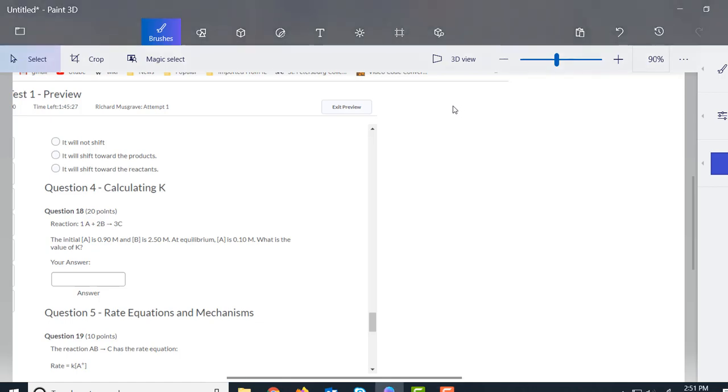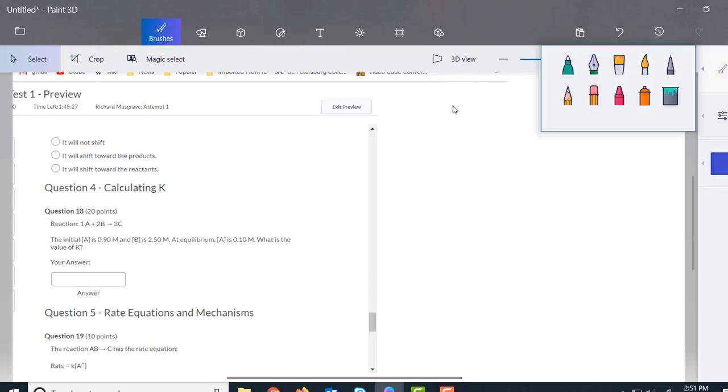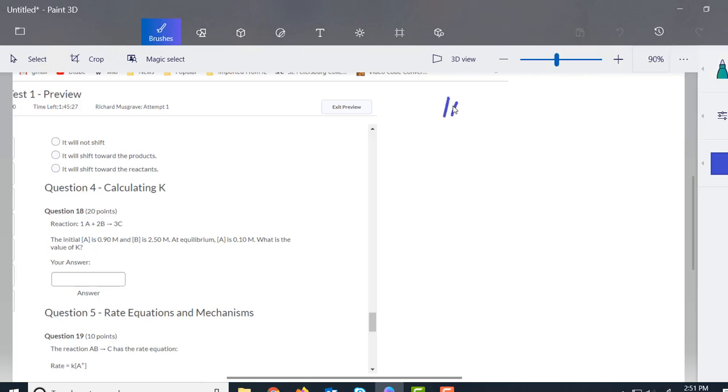So we'll start up here. We'll have 1A plus 2B gives 3C.